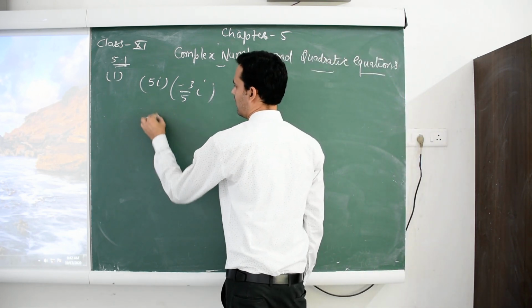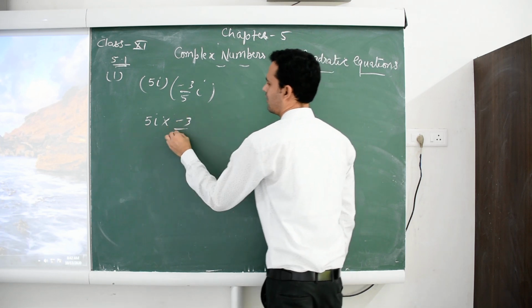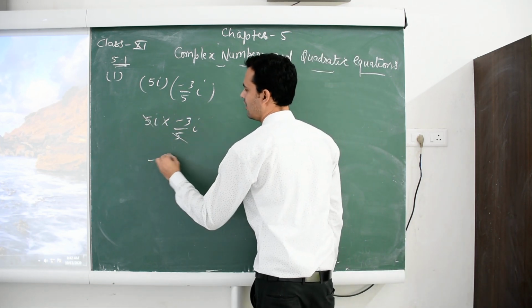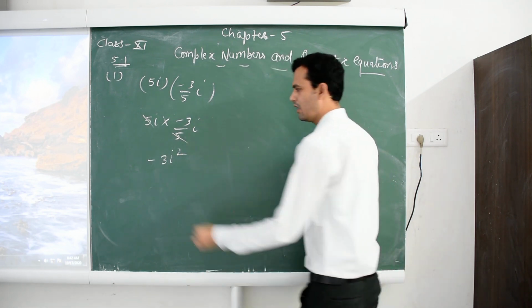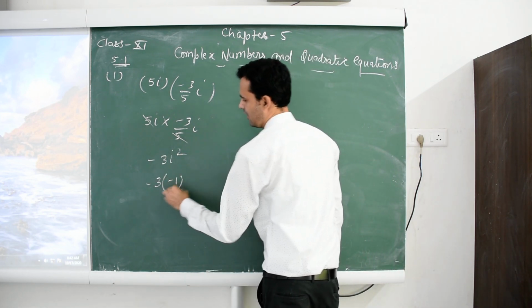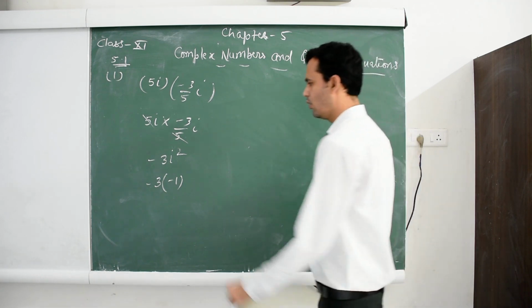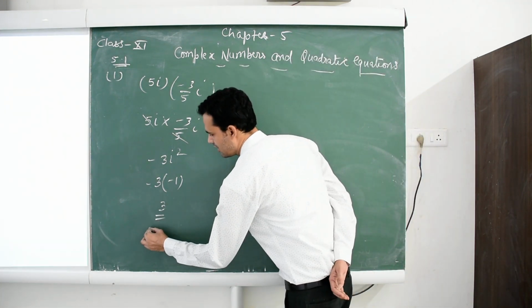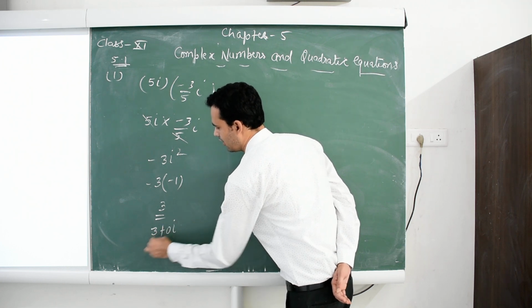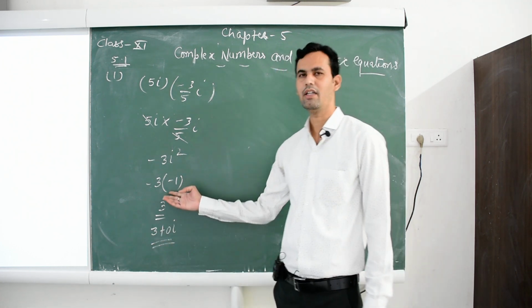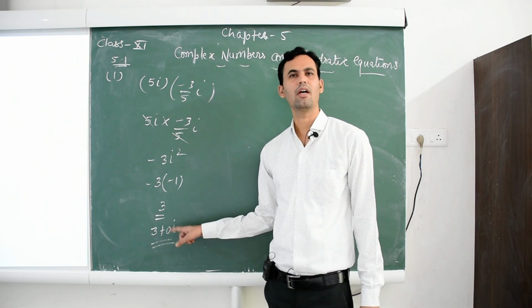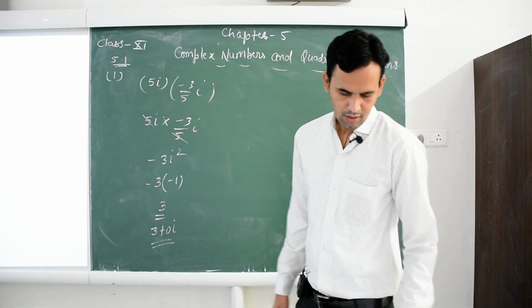We remove the bracket. 5 cancels with 5, and we get minus 3i square. We know the value of I square is minus 1, so the value is 3, or in the form 3 plus 0i, because there is no term of I.